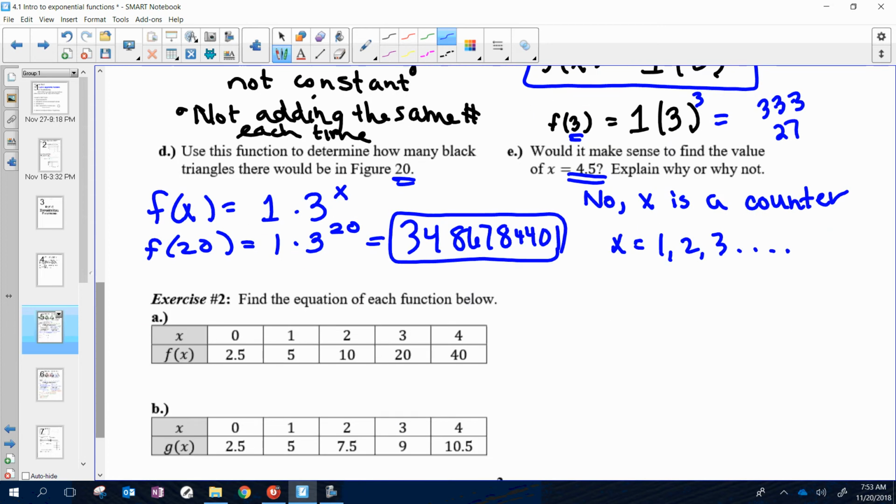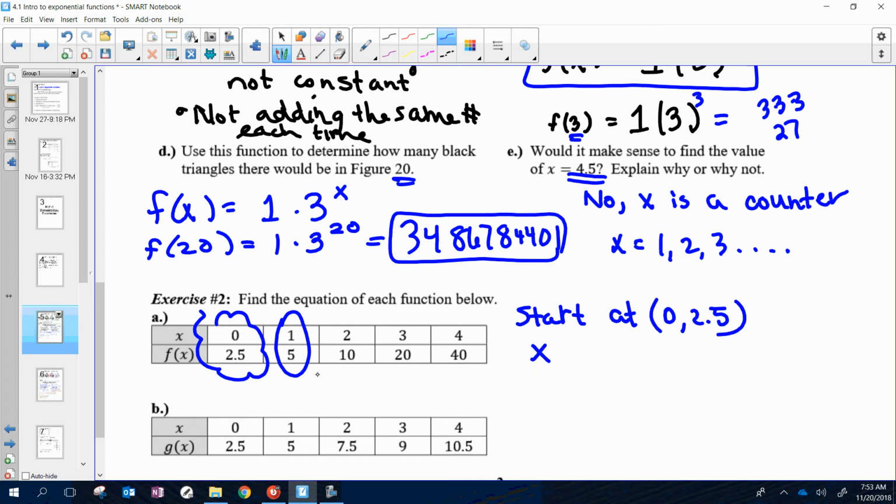Find the equation of each function below. I like to look at 1, 5. We'll think about the 0 in a minute. Technically, our y-intercept is that, so we are starting at 0, 2.5.